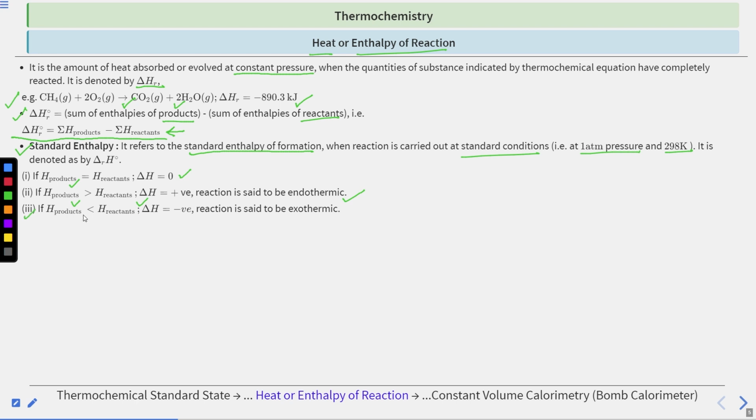And if H of products is less than H of reactants, delta H will become negative and the reaction is said to be exothermic. So these are the conditions we have to keep in mind while calculating the enthalpy of any reaction.